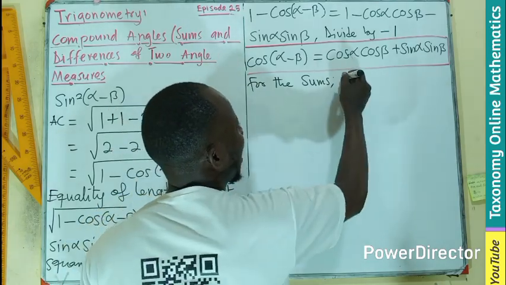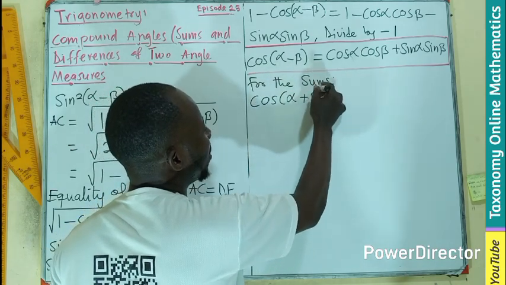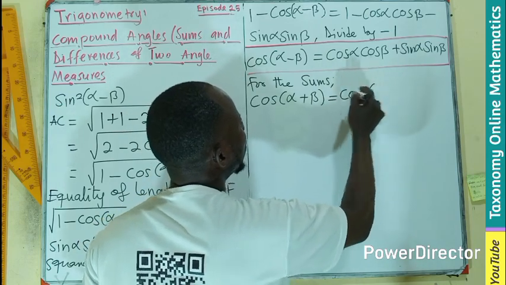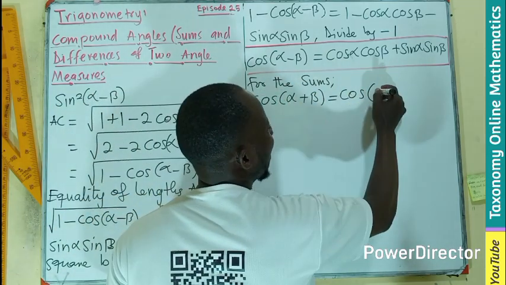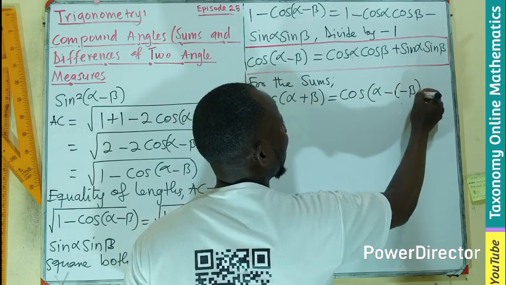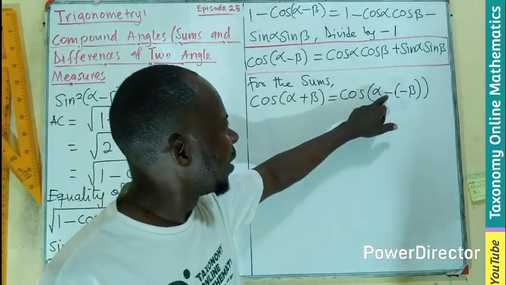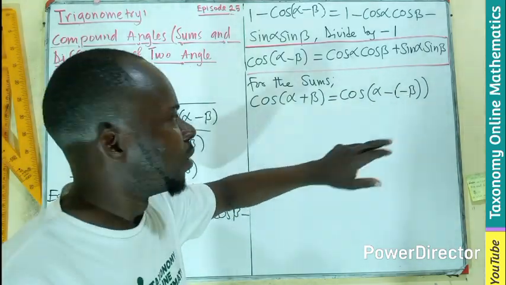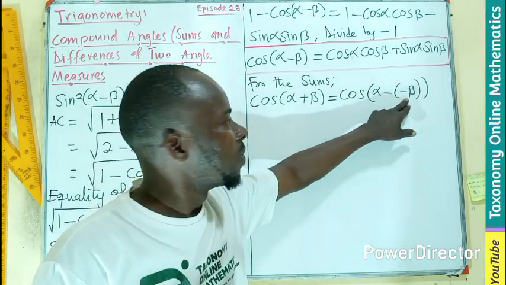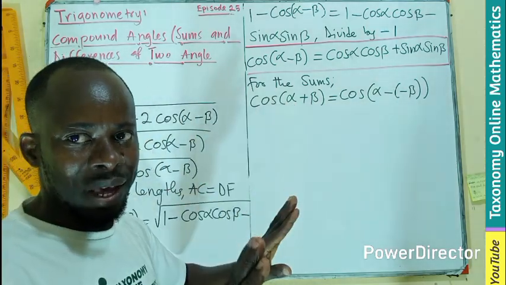So I can rewrite this as, let's say, cos alpha plus beta should be equal to, let's see, cos alpha minus negative beta. Can that work? This plus here, negative, negative become what? Positive. So I can say cos alpha minus negative beta. This is defining this just the way it is.